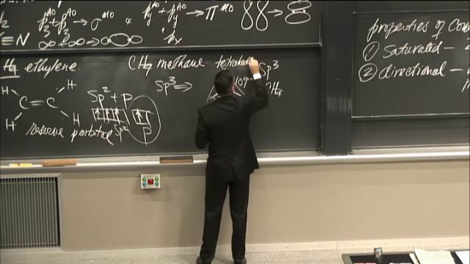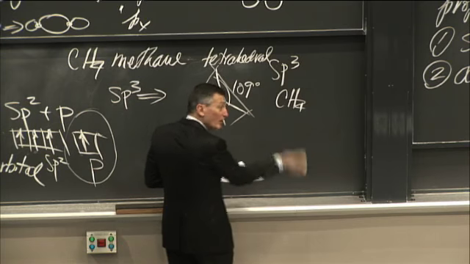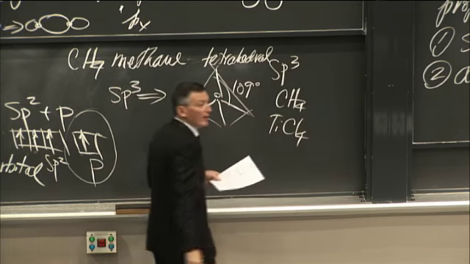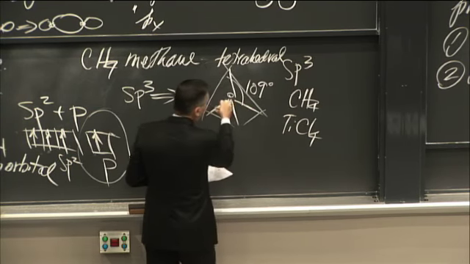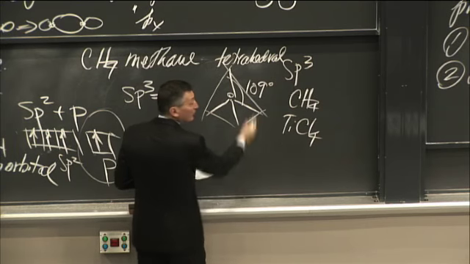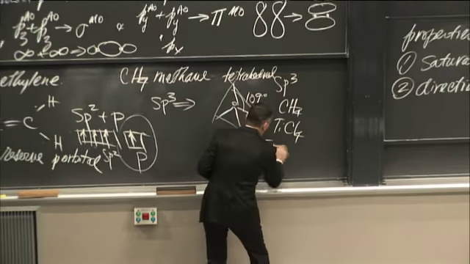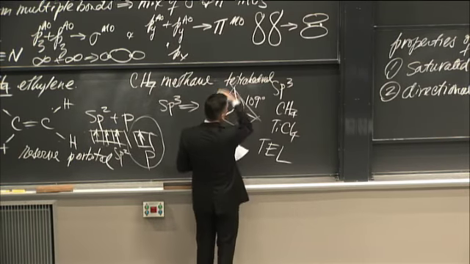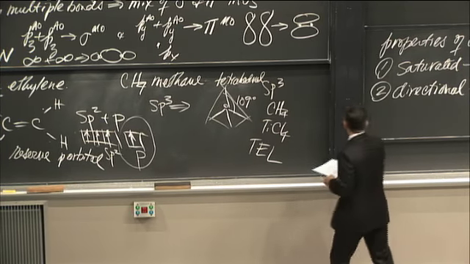So I could look at other molecules that have sp3 hybridization. If I look at something like titanium tetrachloride, which we met earlier to make titanium, this is titanium in the center and the four chlorines. It's the same molecular shape. If you see leaded gasoline, the compound in leaded gasoline is tetraethyl lead. It's lead at the center, ethyls at the four corners of the tetrahedron. So all of these. And same over here.